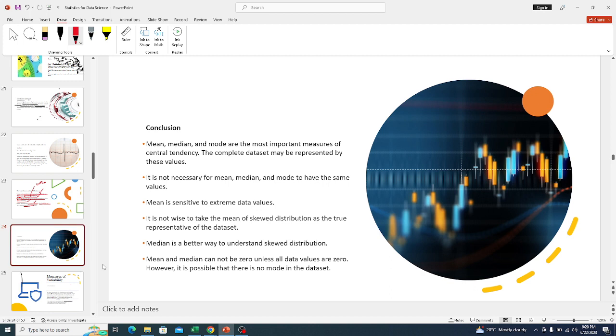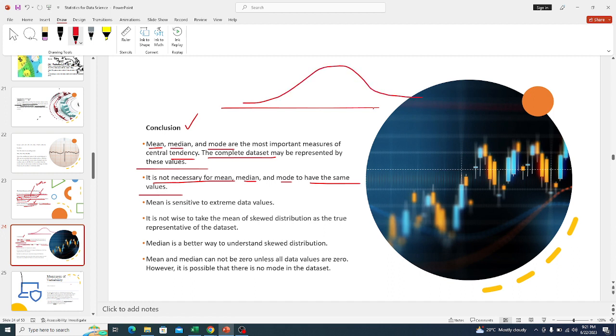All right, maybe let's do a conclusion on measures of central tendency. We've said that mean, median, and mode are the most important measures of central tendency. The complete data set may be represented by these values. It is not necessary for mean, median, and mode to have the same value, unless we are working with a perfect normal distribution.